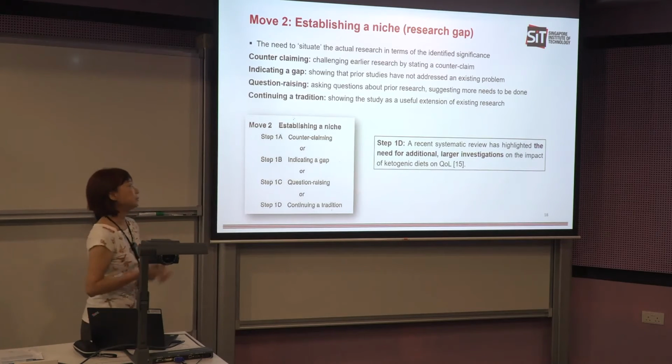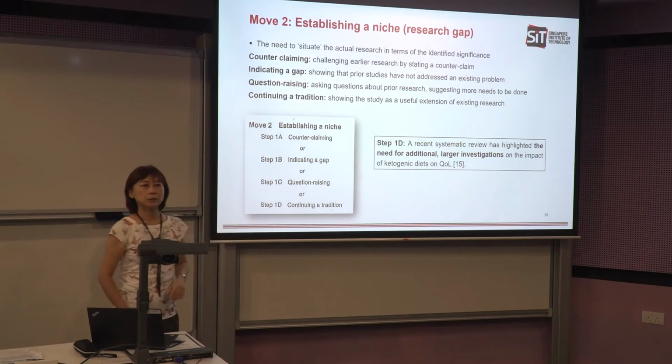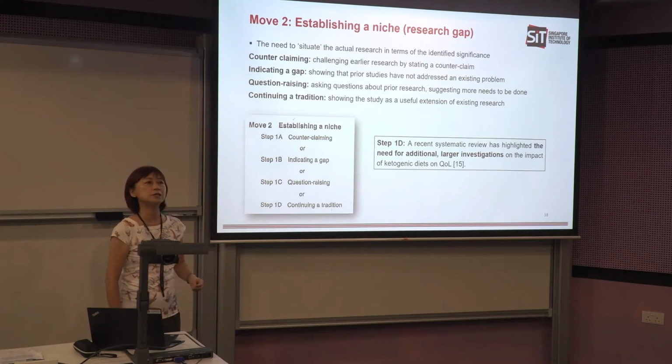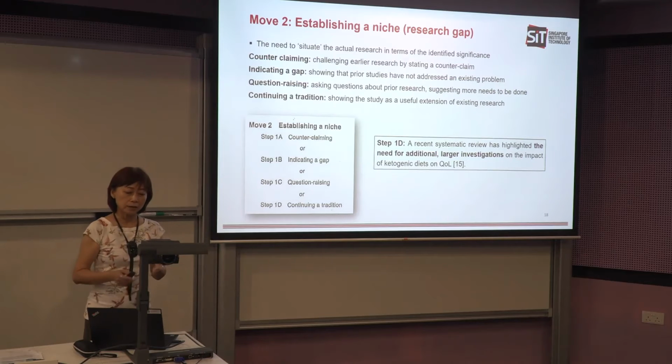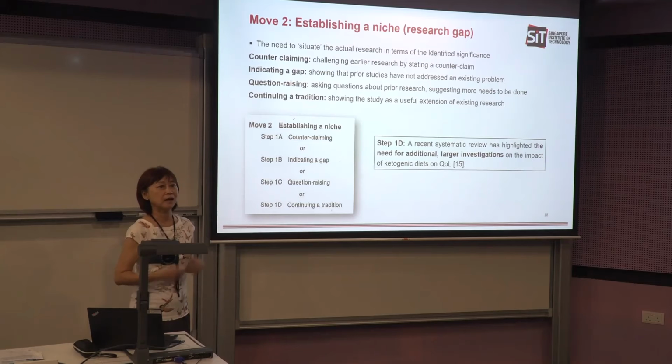Maybe extend that research. Kodabakshi, they chose to do the final one by saying, a recent systematic review has highlighted the need for additional larger investigations. And from there, if you look at the article, the next line is, the goal of our paper is, the goal of our research then is this.